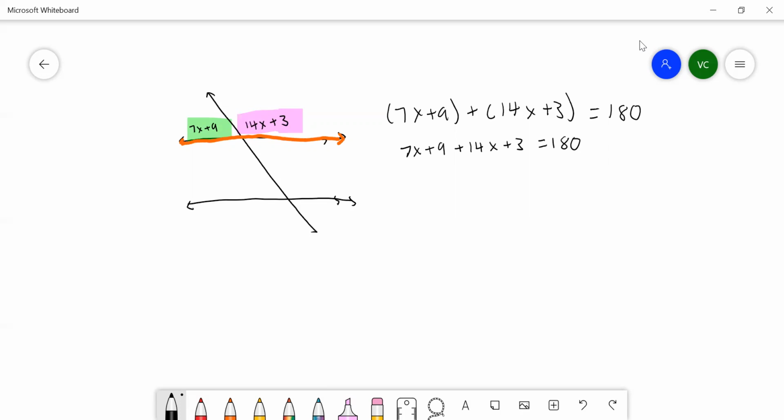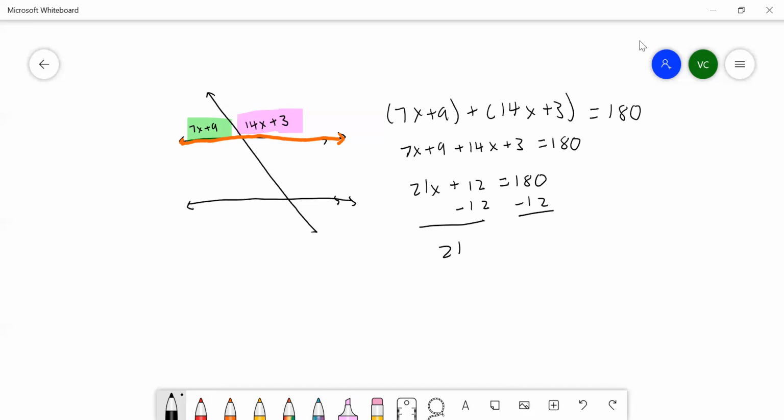Okay, now go ahead and solve this equation on your own. Pause the video and solve. Okay, what you should have done is added 7x and 14x. So that's going to make 21x plus 9 plus 3, that makes 12. And that's going to equal 180. Now you get the 21x by itself by subtracting the 12 from both sides.